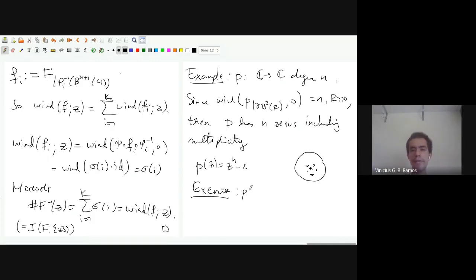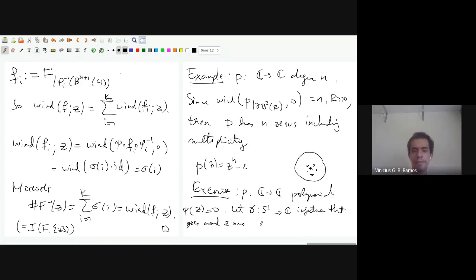The exercise is: if you take a polynomial, and you take z a zero of the polynomial, then you can let gamma be an injective curve that goes around z once.